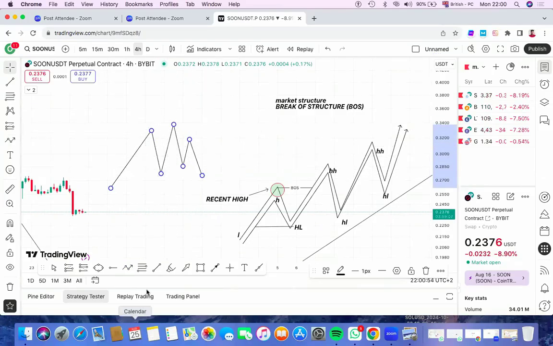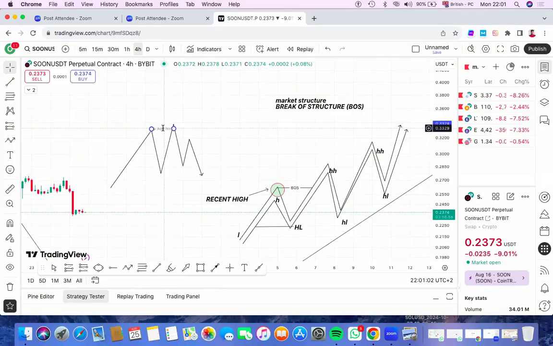If it just closes with the wick of the candle, it's a fake out. It's not valid. If something just closes above here, the candle has to close outside of it.